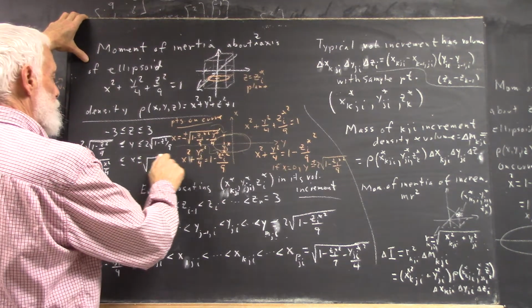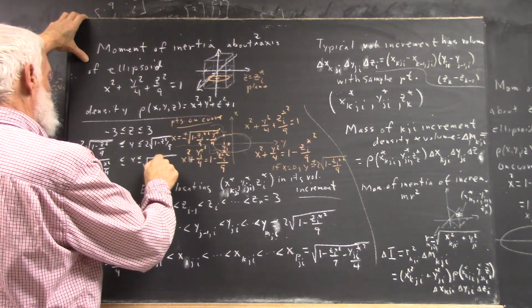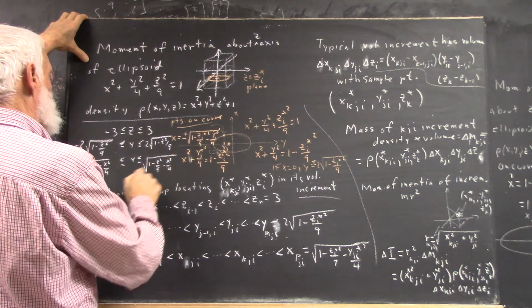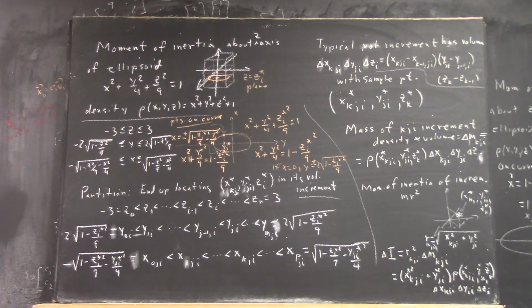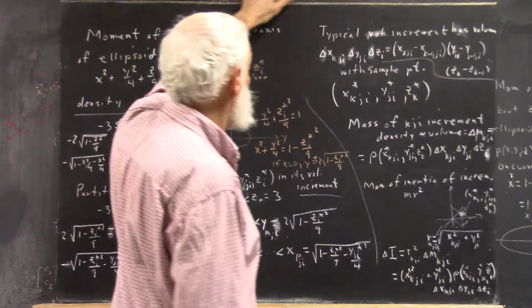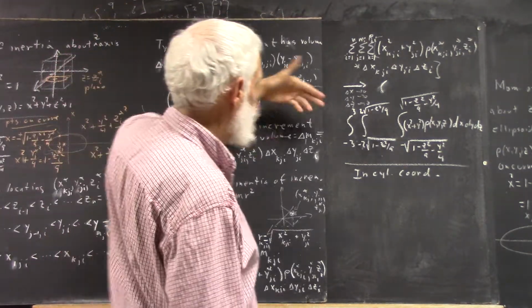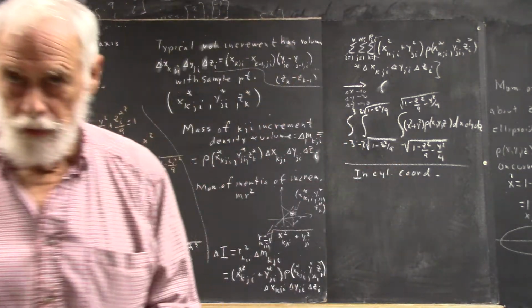And this will be plus the square root of 1 minus z squared over 9 minus x squared over 4. Okay, all this leads to the integral. Now what do you get in cylindrical coordinates?